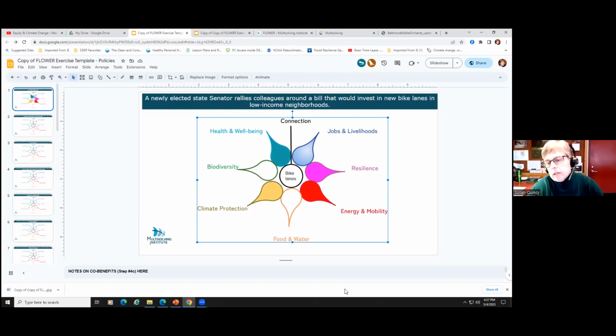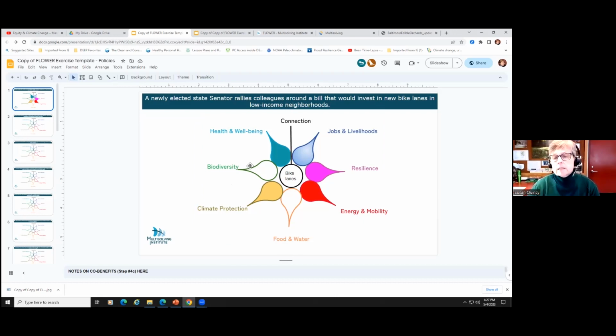So in this type of scenario, I did not color in biodiversity. It's not exactly working at increasing habitats. It's not improving or strengthening habitats. So I did not put that in.